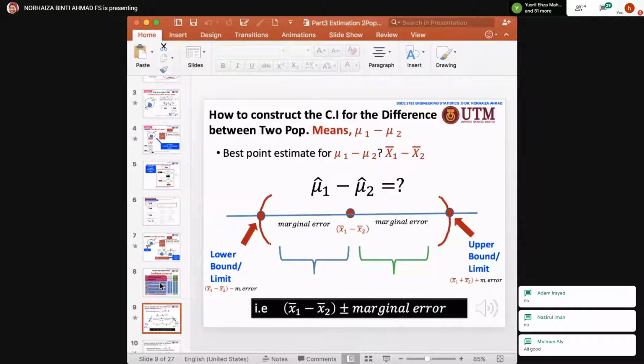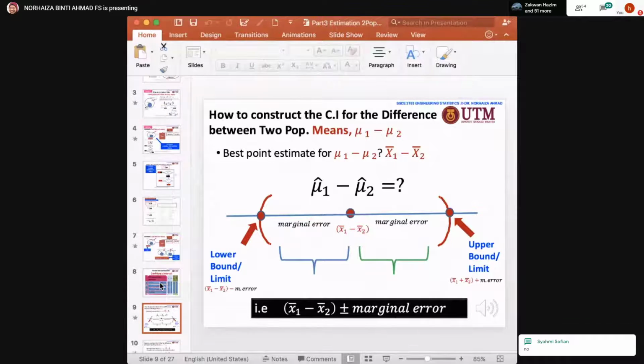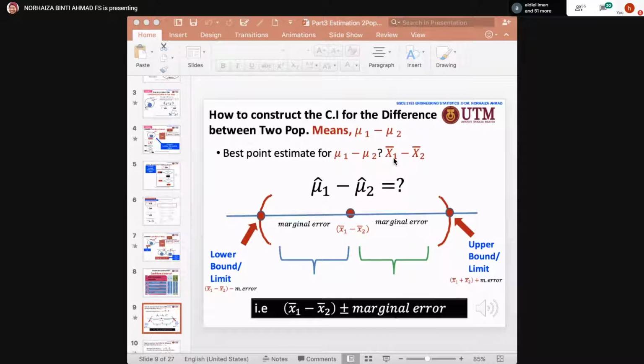Okay, now how do we construct this interval? Based on what we learned in the previous class, when you want to estimate mu1 minus mu2, we know the best point estimate. The best estimate of mu1 is x bar 1, and of mu2 is x bar 2.